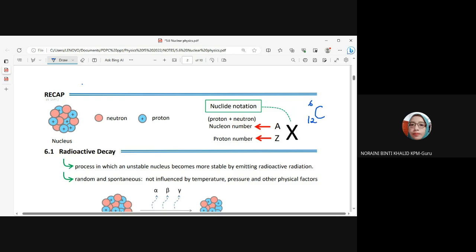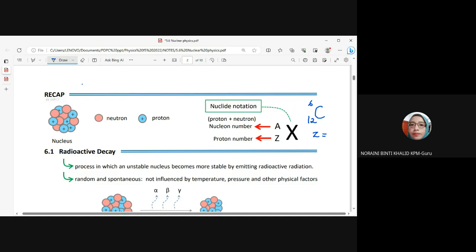So we can see the A here represents nucleon number. Nucleon number equals to proton plus neutron. And then Z here is proton number. So if we look at this carbon, the proton number Z equals to what?